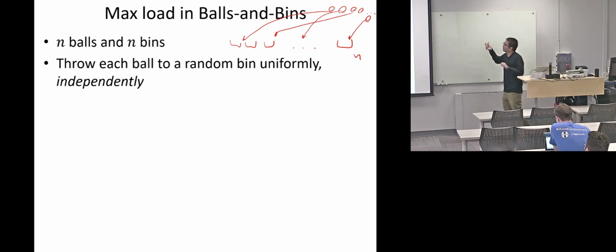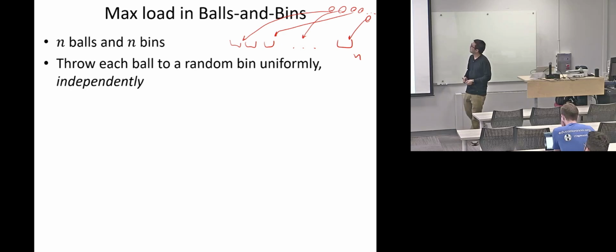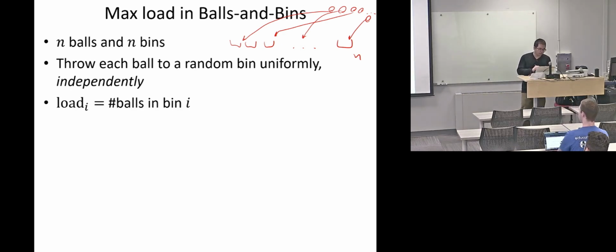For each ball, just throw it into a random bin, and repeat this independently for each ball. And then I let load i denote the number of balls in bin i.